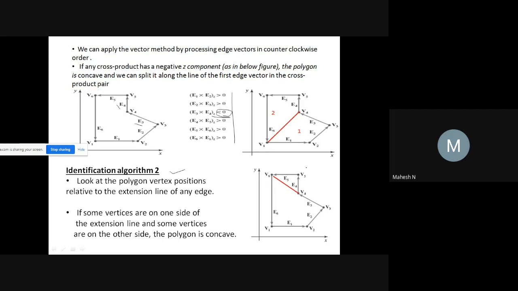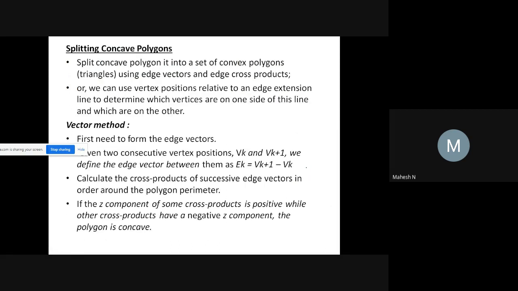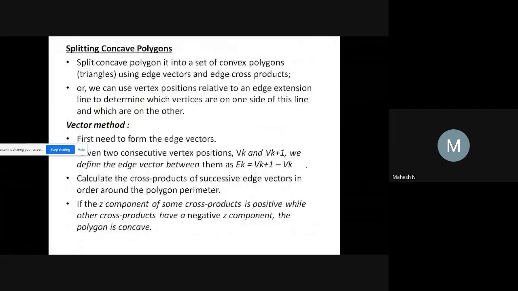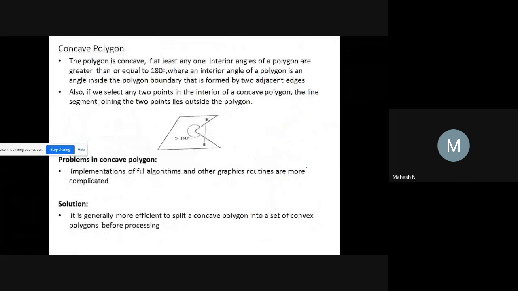Now once I get the concave polygon, the next thing is I need to split the concave polygons into convex polygons. Concave polygons I cannot draw. That was the difficulty with my concave polygon in fill algorithms, because some part I will get as outside the polygon. So I need to break that into convex polygons.